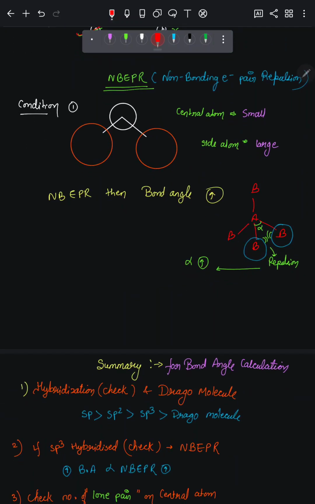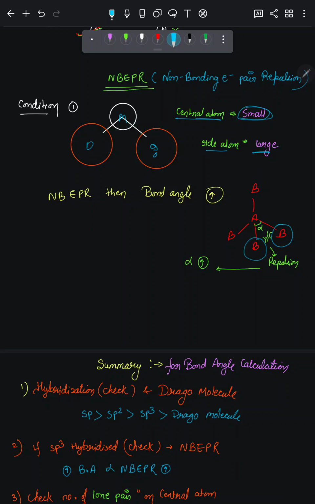Now let's talk about the next topic, which is NBEPR. What is NBEPR? It is referred to as non-bonding electron pair repulsion. There are some conditions for an NBEPR molecule. The central atom should be small, and the side atoms should be large.